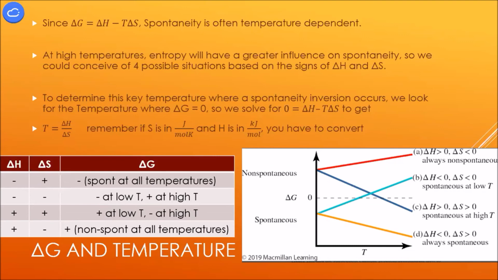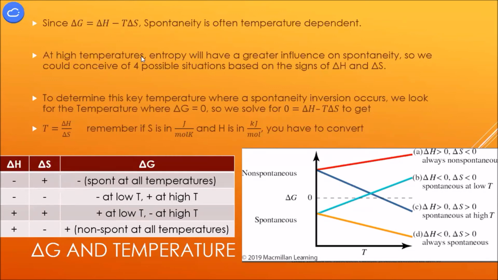And if you keep going up in temperature, it's going to be a bigger and bigger effect until finally you could say there is a point, conceivably, where this is no longer spontaneous, and that barium carbonate would no longer form. So basically at high temperatures, when T is big, entropy has a greater influence.